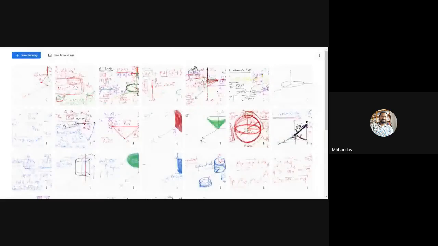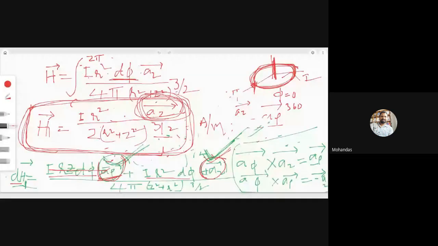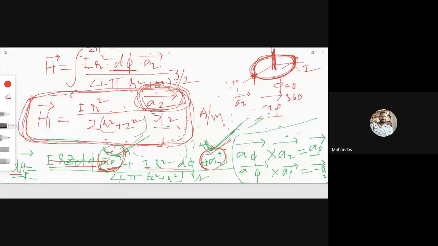After substituting all those values, the differential magnetic field intensity will be dH. So this will be cancelled out. What remains here is I R square d phi by 4 pi, R square plus Z square whole to the power of 3 by 2, in the direction of aZ.